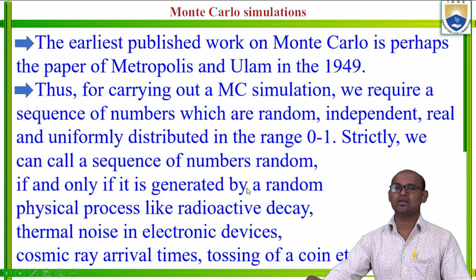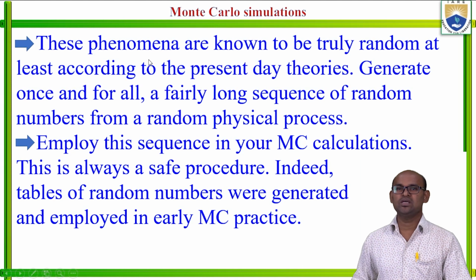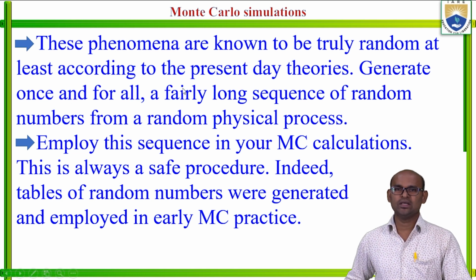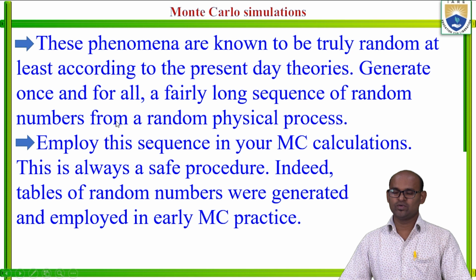Random numbers generated from these experiments are truly random as per the theories. You generate, once and for all, a fairly long sequence of random numbers from such a physical process.